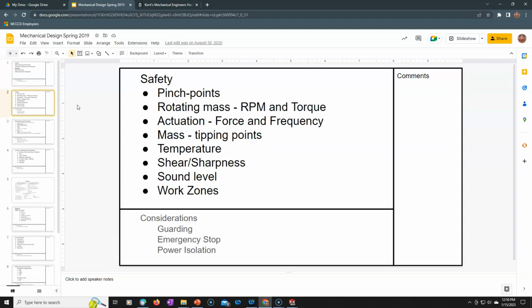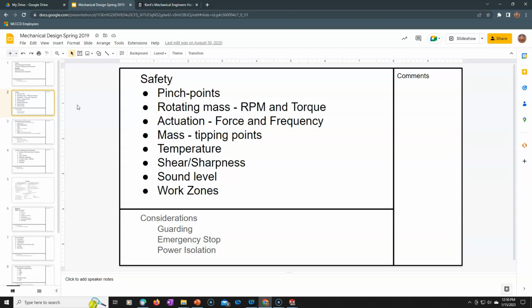So on safety, probably the one that comes up the most is pinch points. Anything that opens and closes has the potential to do some damage. We have rotating mass of RPM and torque, actuation, so linear movements, however those are created.